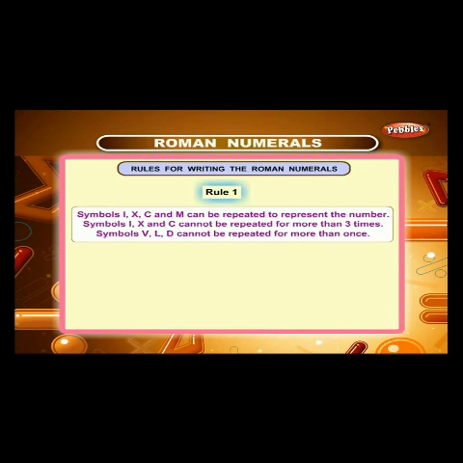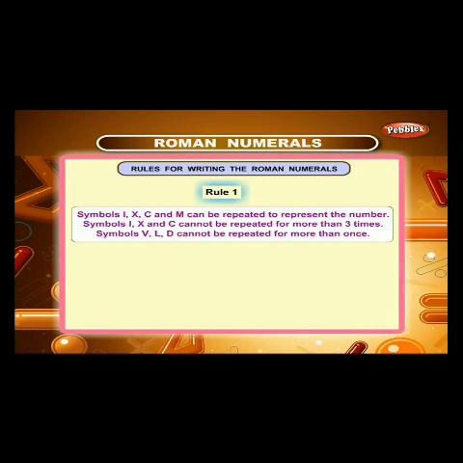Rule 1. Symbols I, X, C and M can be repeated to represent the numbers. Symbols I, X and C cannot be repeated more than 3 times. Symbols V, L, D cannot be repeated more than once.